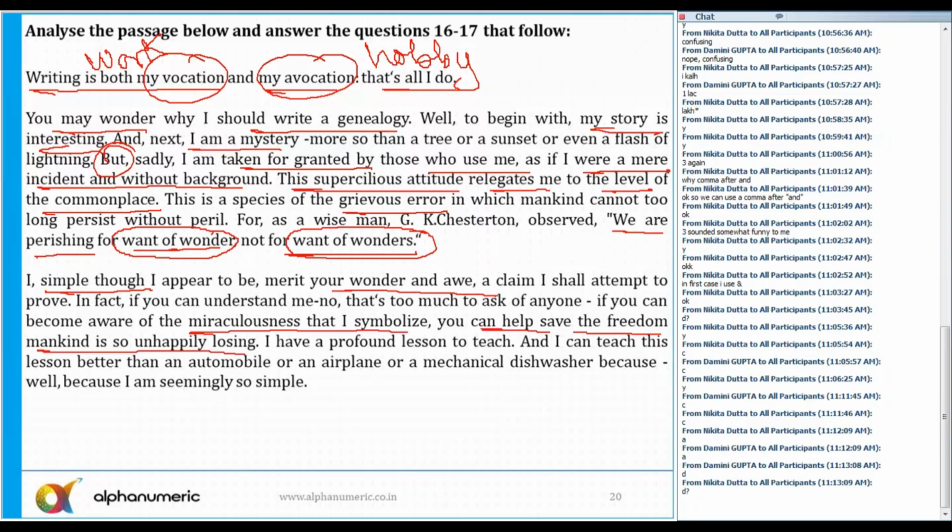So in a sense, I am the person who indirectly provides you freedom. I have a profound lesson to teach. And I can teach this lesson better than an automobile or an airplane or a mechanical dishwasher. Why? Because I'm so simple. You can understand me so easily.